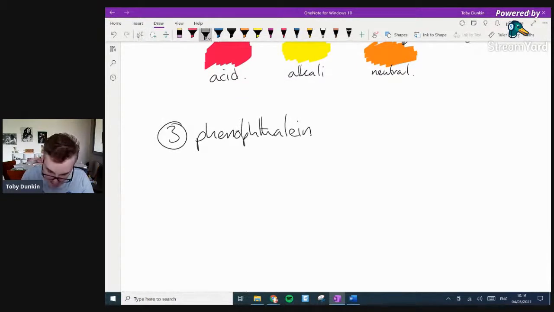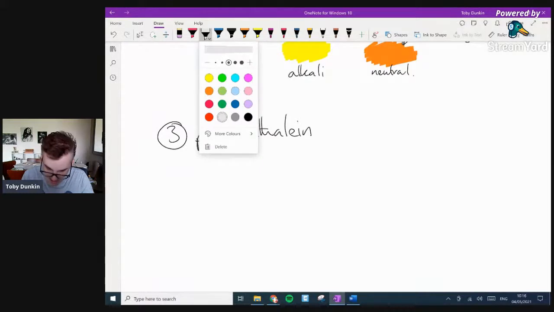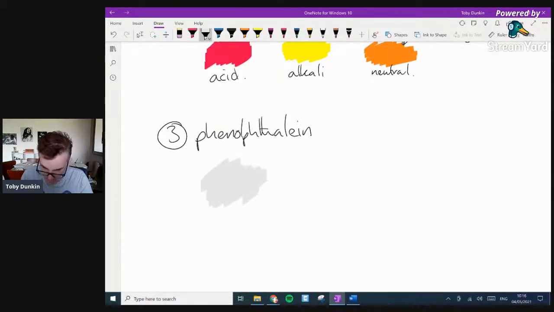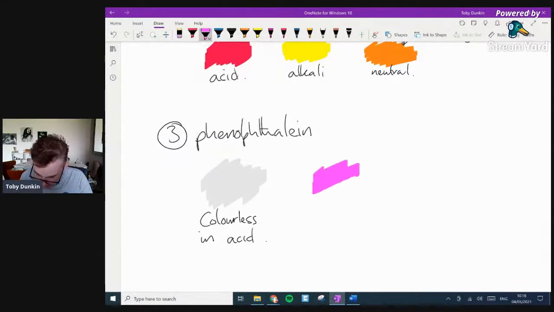Now, phenolphthalein is colorless in acid. It's colorless in acid. And Barbie pink in alkali.